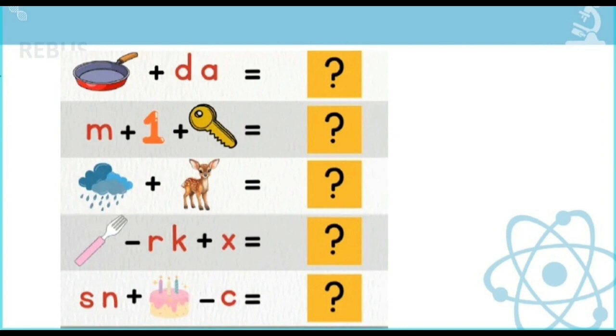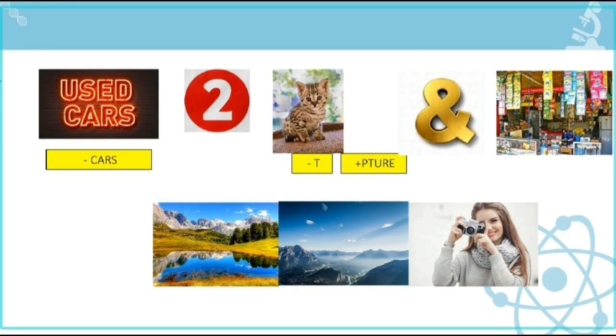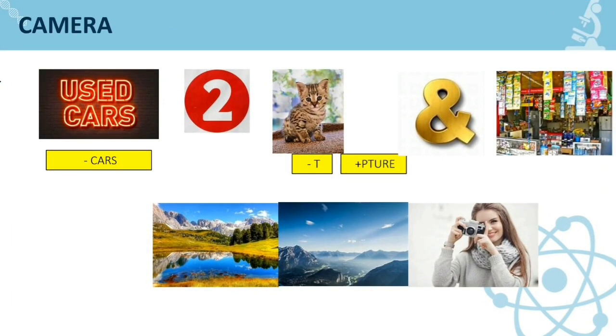Okay, you got the idea. And this time, let's answer the following rebus. Who wants to read the first one? Yes, Jade? Very good. Use to capture and store images. And what is that? Great! A camera.